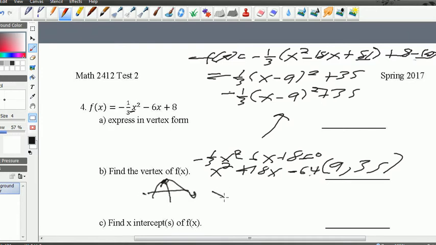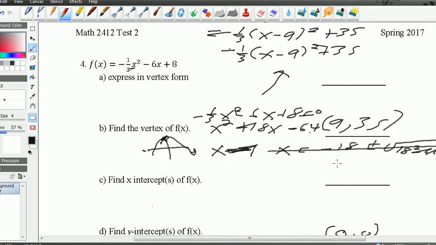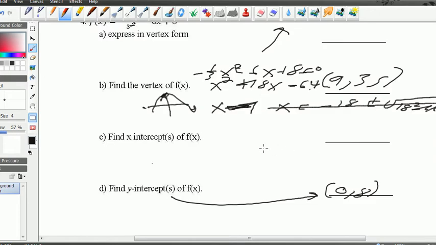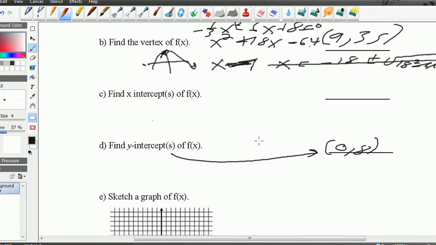So that's probably going to be x equals minus 18 plus or minus the square root of 18 squared minus 4, and so on and so on. That's messy. So why don't we jump over here, get us a clean piece of paper. Actually, I'm going to come down here and do it right here.